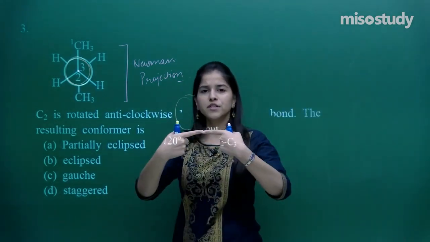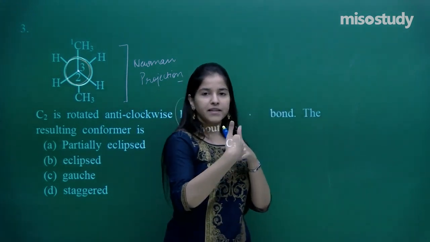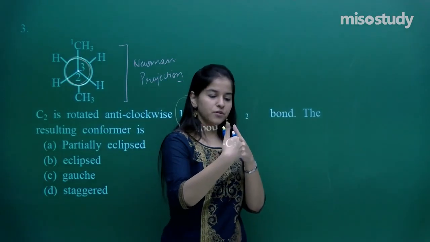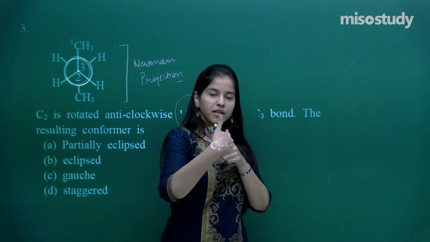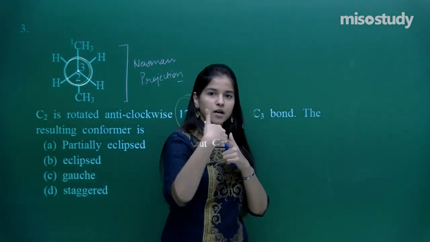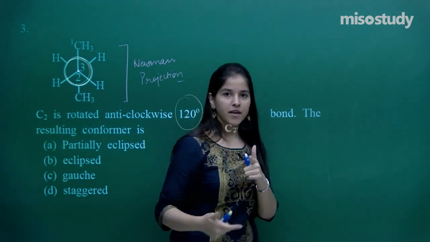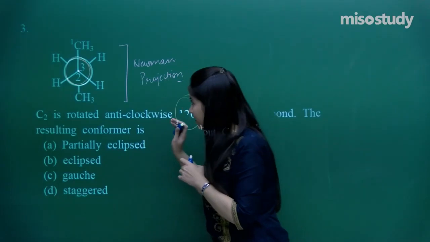Naturally it would be a C2-C3 bond, something like this, with this carbon pointing towards you and another carbon pointing towards me. So you need to rotate the first carbon, that means C2, by 120 degrees.